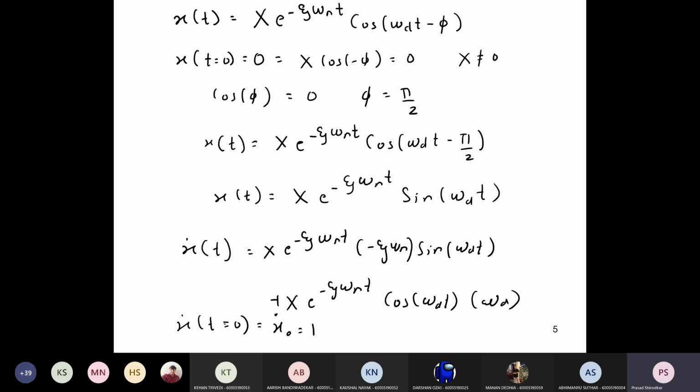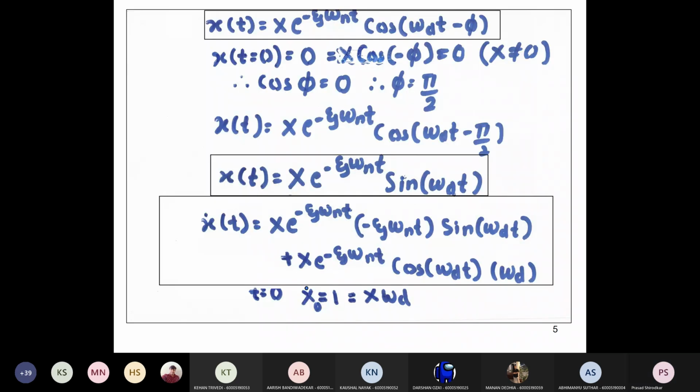This term becomes 0, this term becomes 1, this becomes 1. So the only things remaining are X and omega d. So I get x0 dot equal to 1 equal to X into omega d. Is that okay? Any questions, ask immediately.